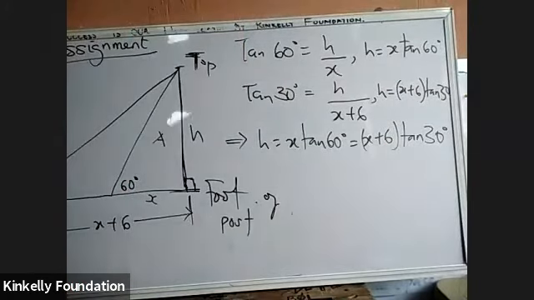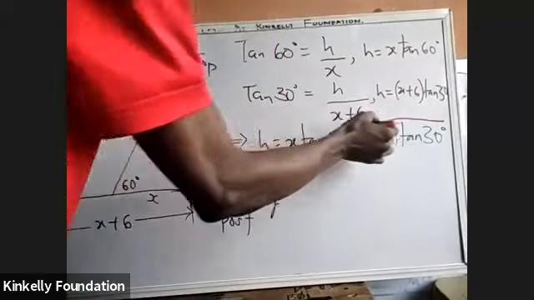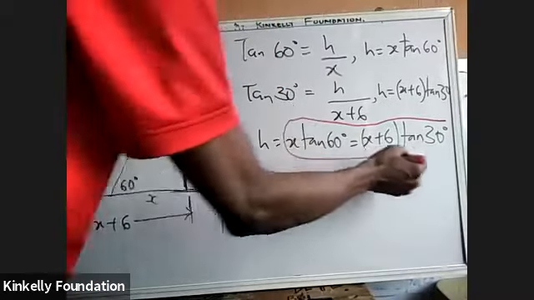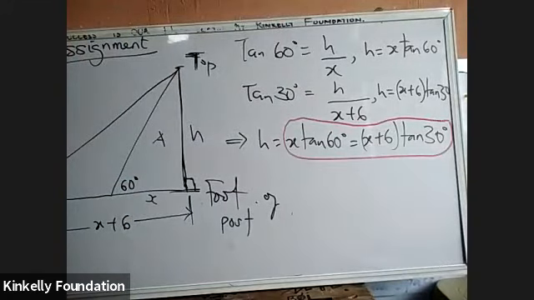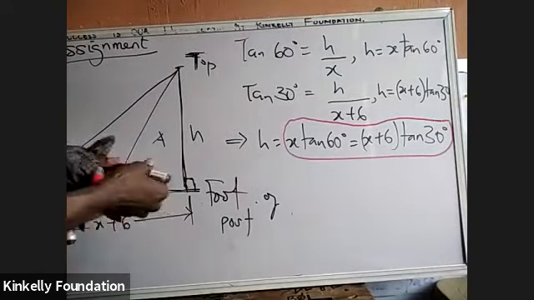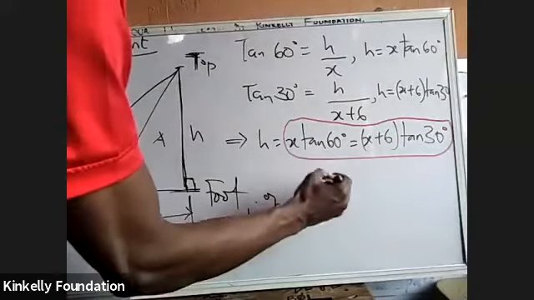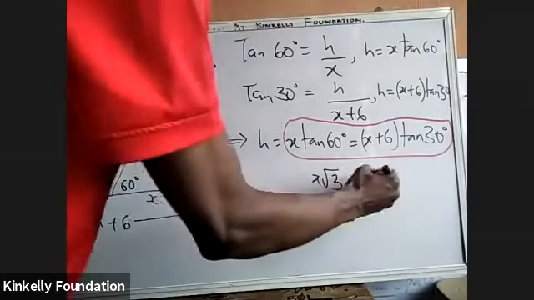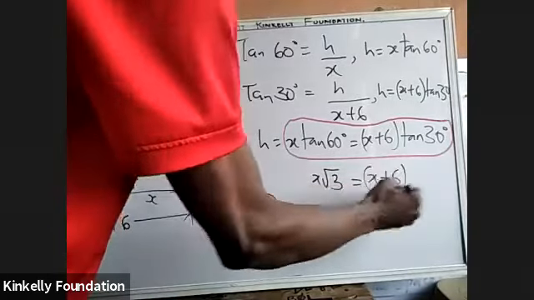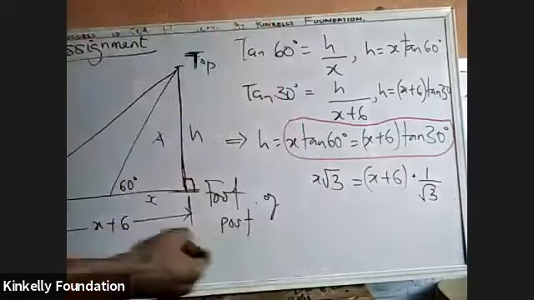Having taken note of these two, they can be equated together, and we can now solve for X. Tan 60 is a special angle, which is root 3, so root 3 X is equal to (X plus 6) times 1 over root 3.